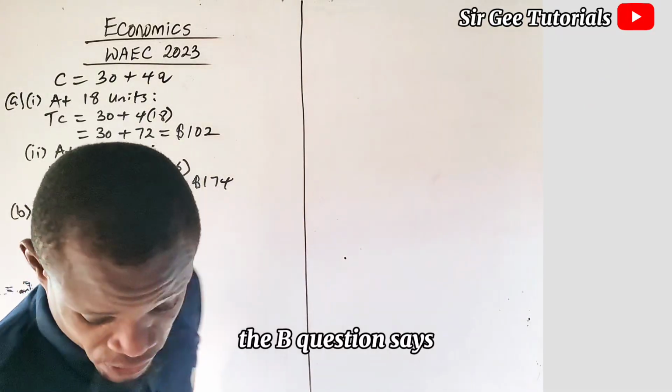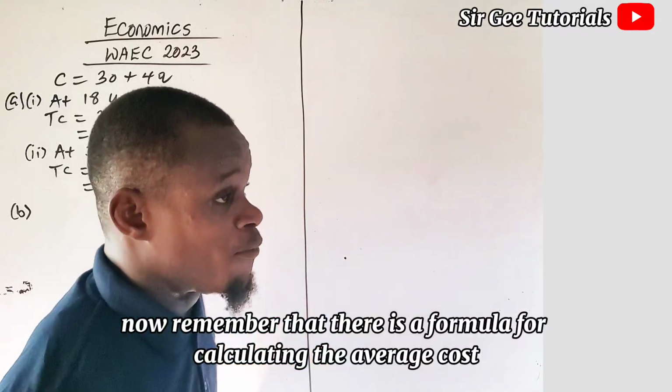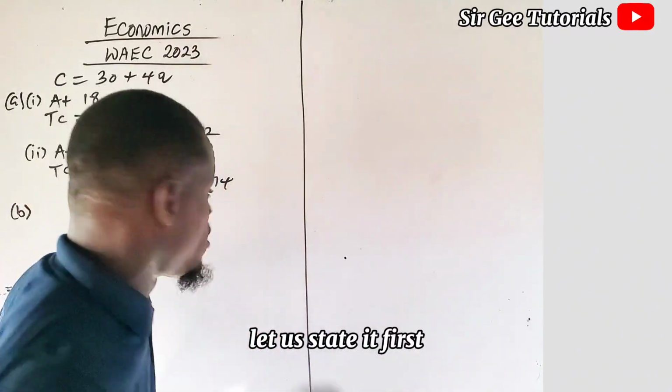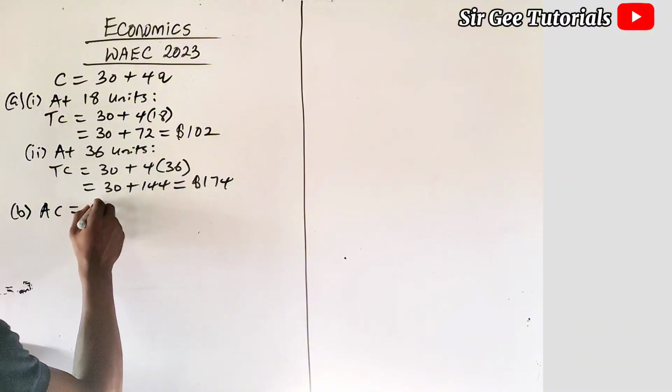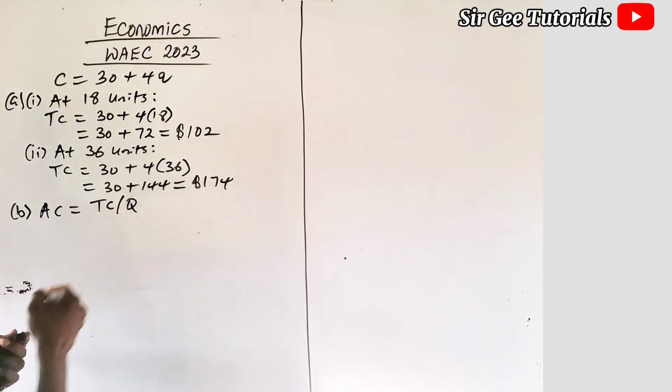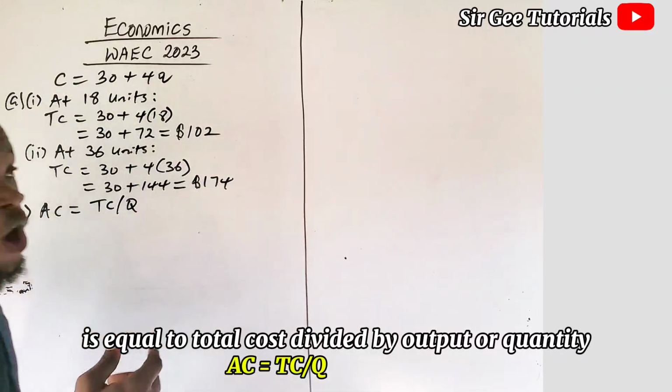The B question says we should calculate the average cost in dollars of producing I, 28 units, II, 45 units. Now remember that there is a formula for calculating the average cost. Let us state it first. So this is average cost is equal to total cost divided by output or quantity.